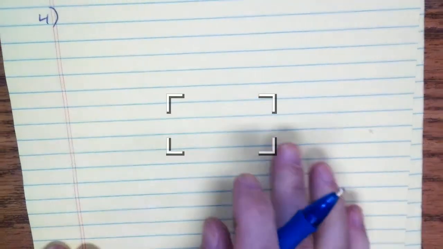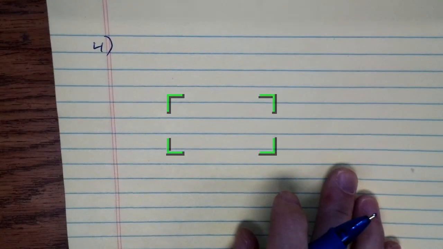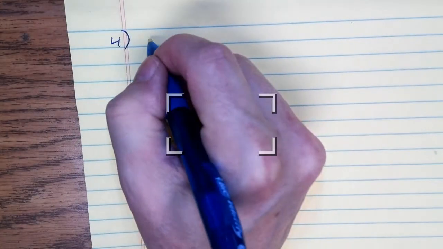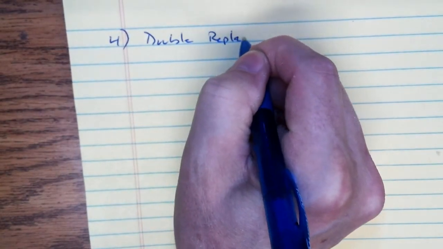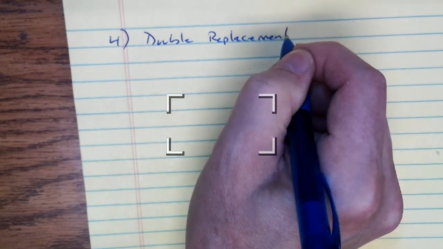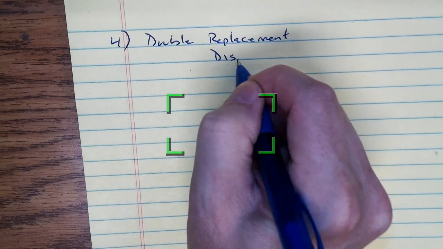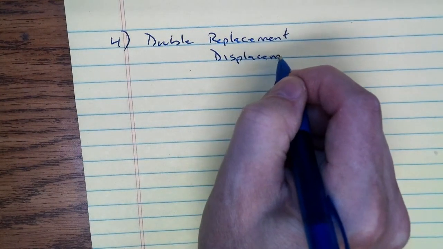Number 4 is going to be double replacement, sometimes called double displacement, double dis.